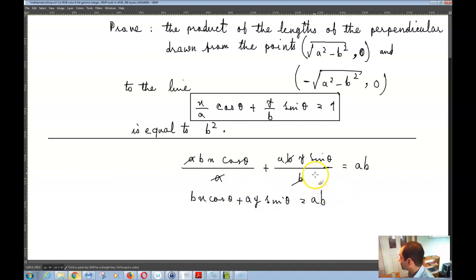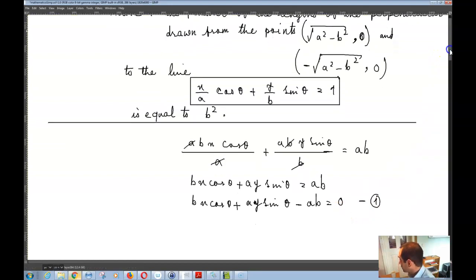So I can write this as bx cos theta plus ay sin theta minus ab is equal to 0. That equation I can call equation number 1.